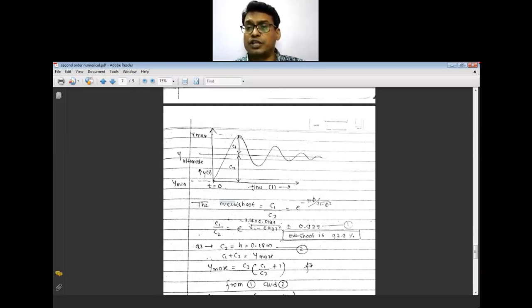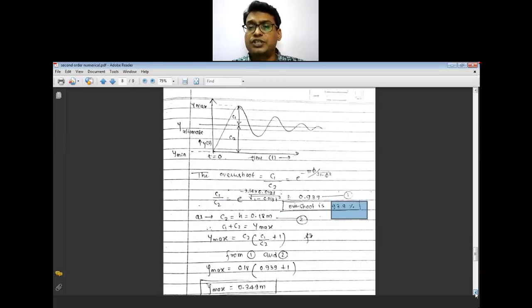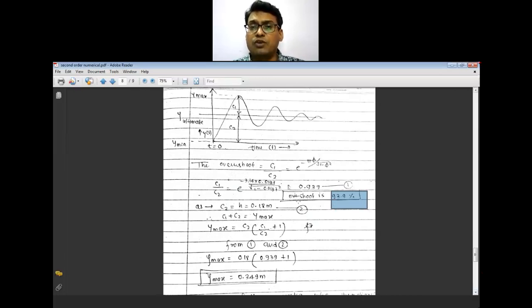You can calculate the overshoot, e raised to minus pi phi over root of 1 minus phi square. From there you can calculate the values of C2 and C1. The overshoot comes as 93.9%, and from there you can calculate the maximum value of y ultimate, which is 0.349 meters.